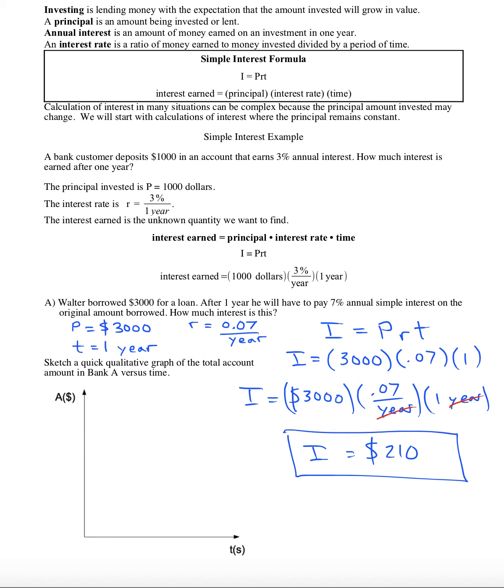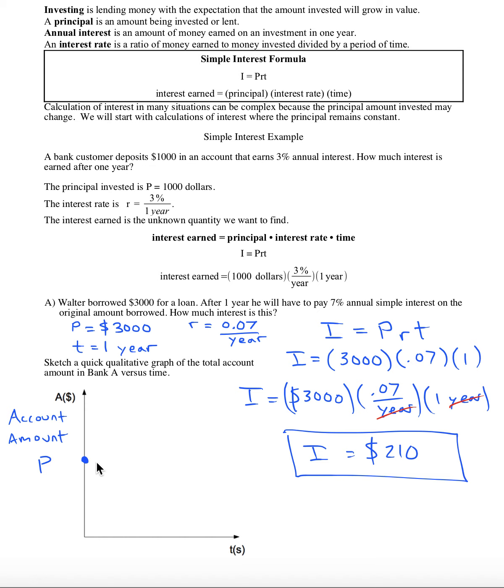Let's draw a graph of what the simple interest accrued would look like over time. This is a graph of the account amount. Okay, so let's start off with an account amount. Let's say that there's an initial principal P in the account.